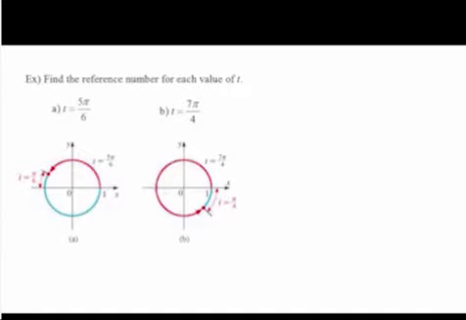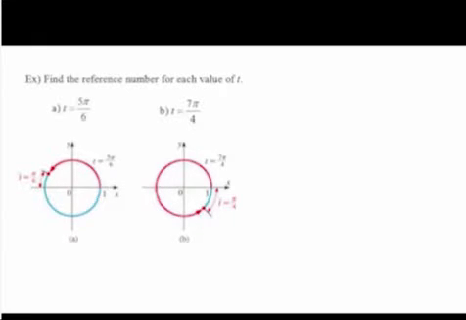Find the reference number for each value of t. A, t equal to 5 pi over 6. B, t equal to 7 pi over 4. Now to find these reference numbers, we need to know which quadrant we are coming from. For t equal to 5 pi over 6, the terminal point lies in the second quadrant.